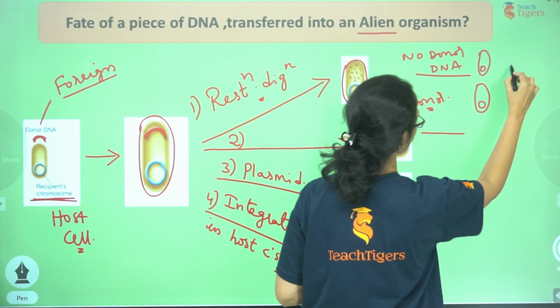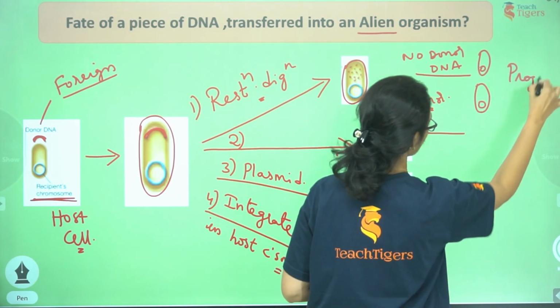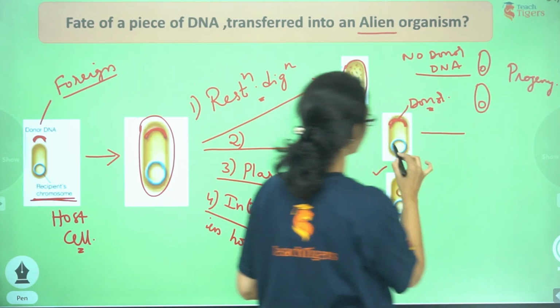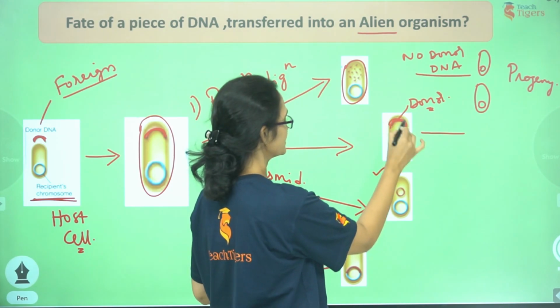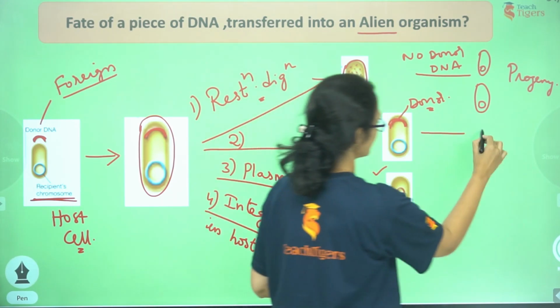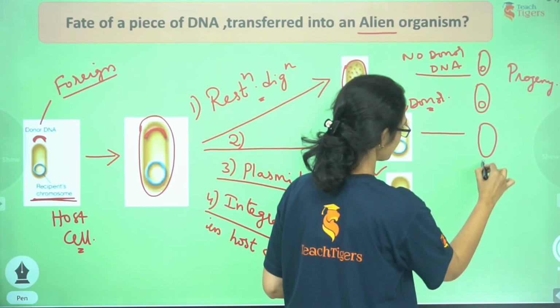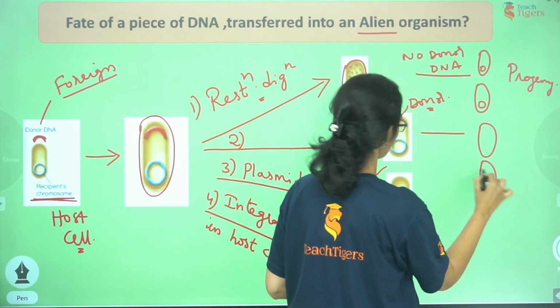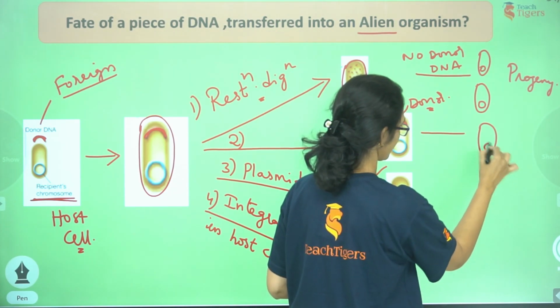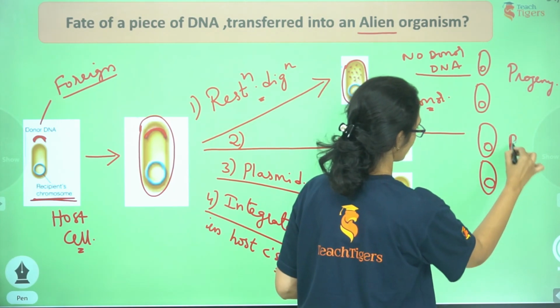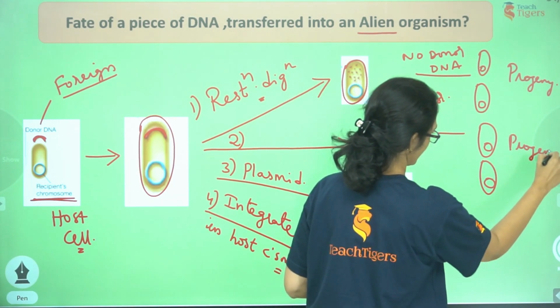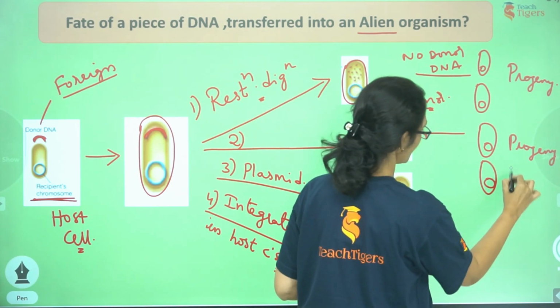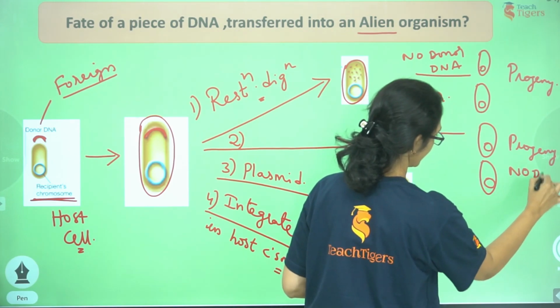This is the progeny. Even here, though it was able to withstand the restriction digestion, it cannot be transferred into the progeny cells. In progeny, there is no donor DNA.